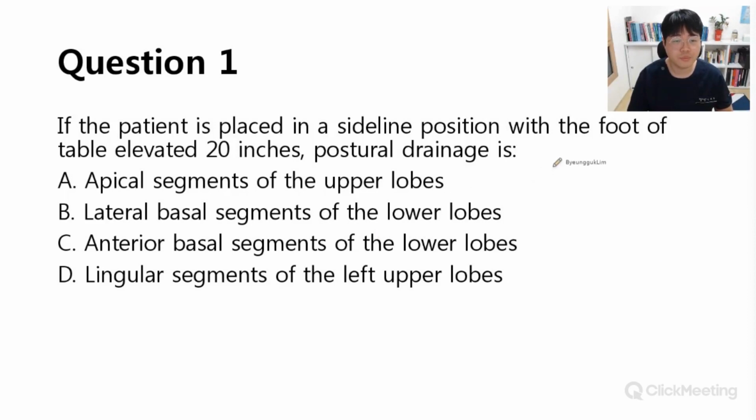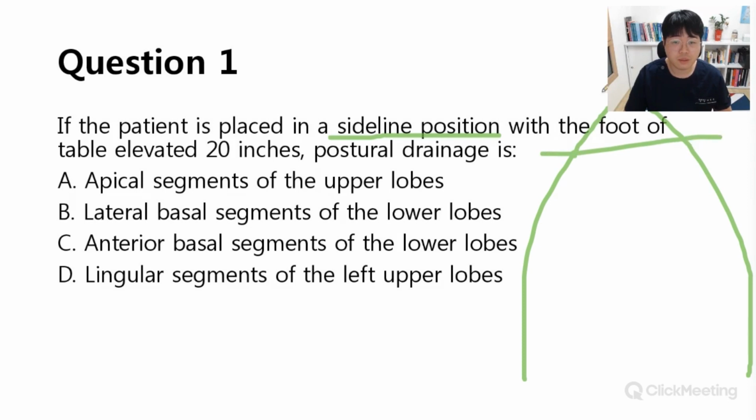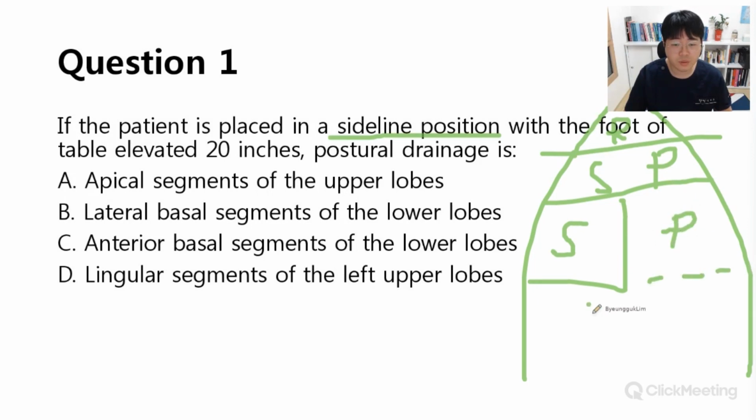I told you, when I'm faced with postural drainage questions, I always draw it again. Apical is reclining, and upper part, supine and prone, and the middle part also supine, and the lower part prone, right?